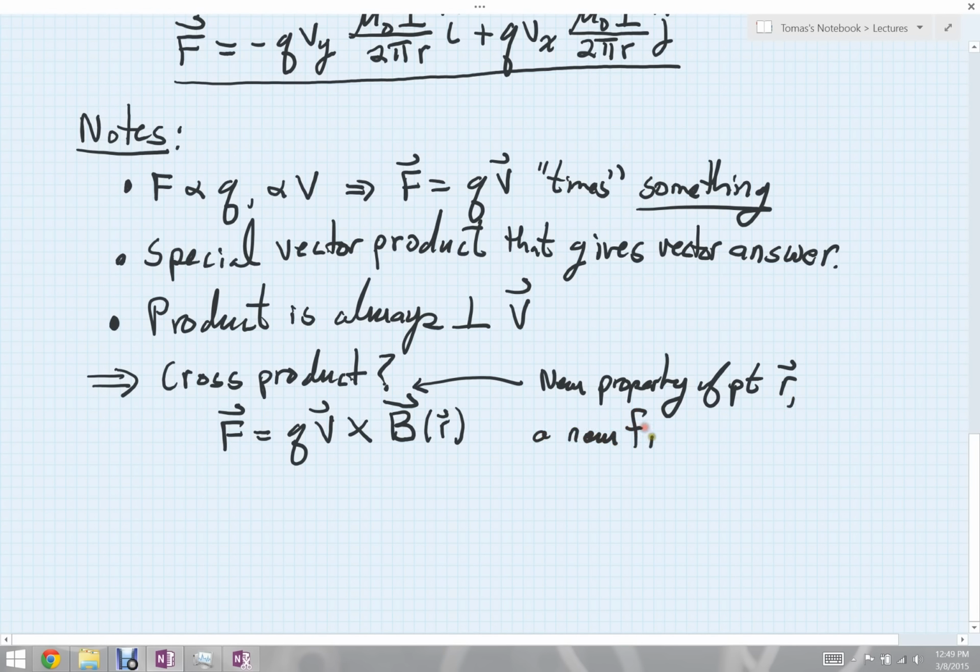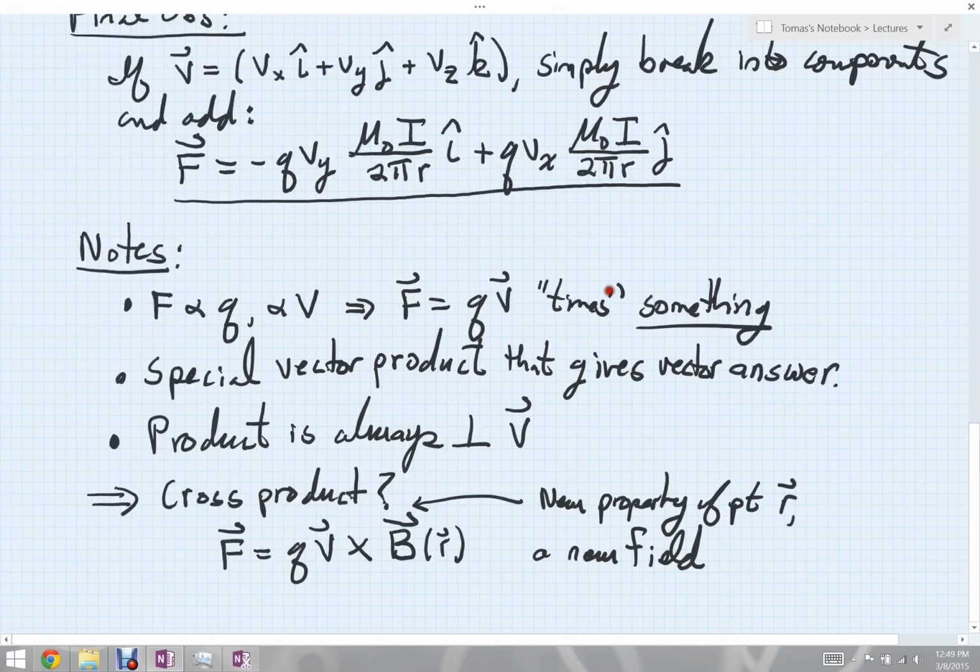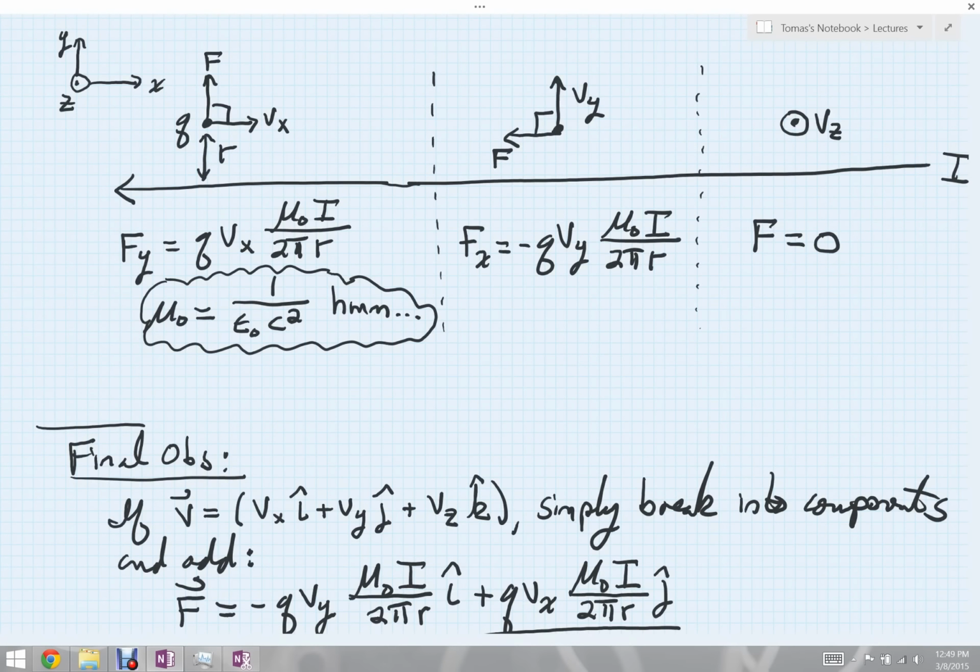This is definitely not the electric field, because the electric field creates a force we know is just charge times whatever that property of space is, q times the electric field. The velocity doesn't enter into it, but in this case, very clearly, we are getting different answers for the force. Even its direction is different depending upon what the velocity is.